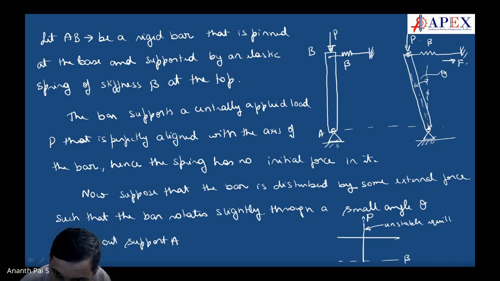This is stable equilibrium. And this line is neutral equilibrium.